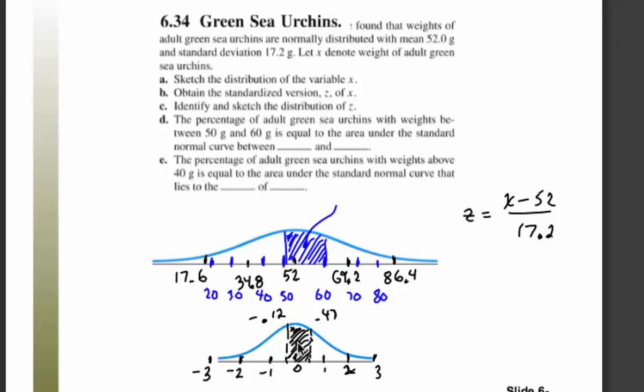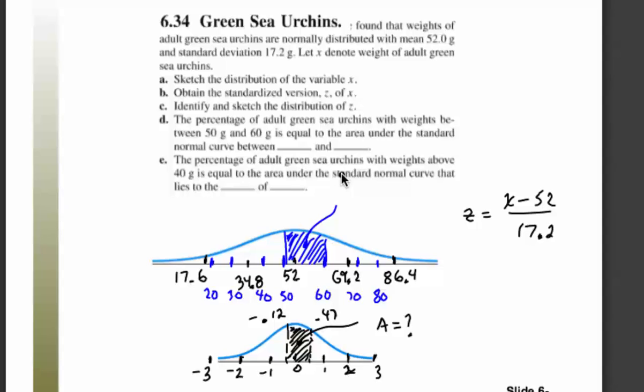And if we could get this area, then we know what percentage of sea urchins are between 50 and 60 grams. So normal curve, standard normal curve between what? Negative 0.12 and 0.47, right?